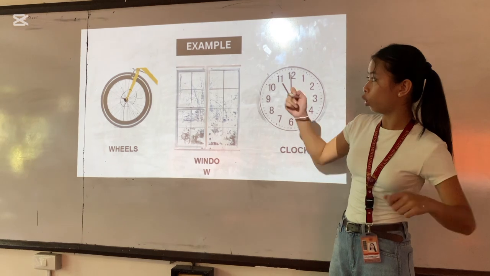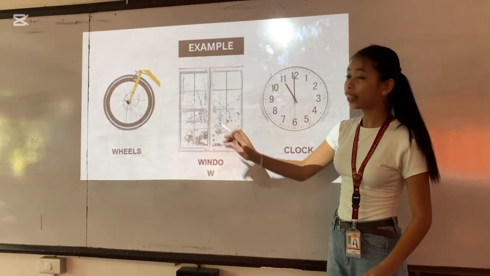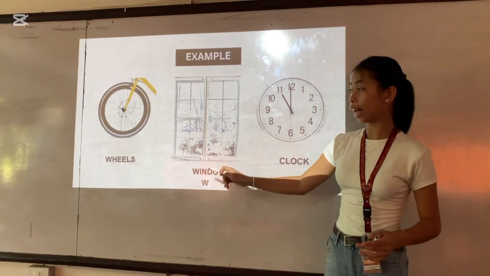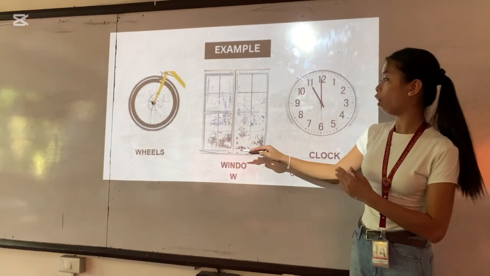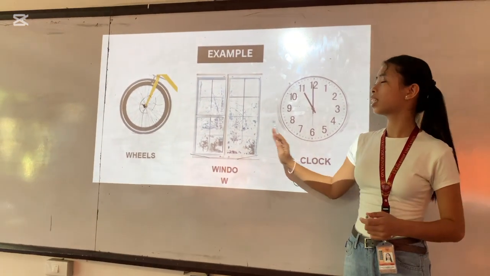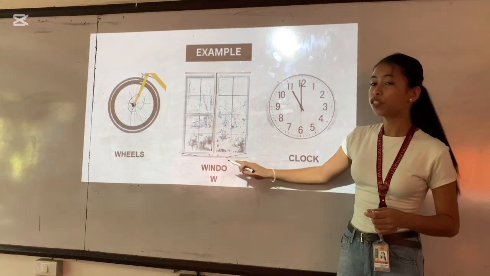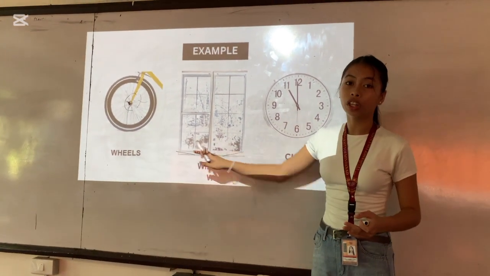As you notice, a window has a line in the center, creating a balanced structure on both sides. This side has a similar look to the right side. So this simply shows that this figure is an example of reflectional symmetry, which is, they mirror each other.